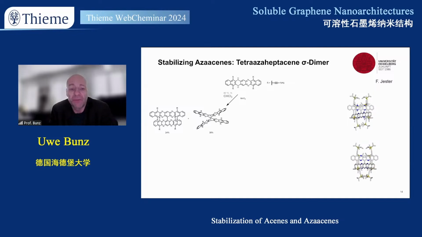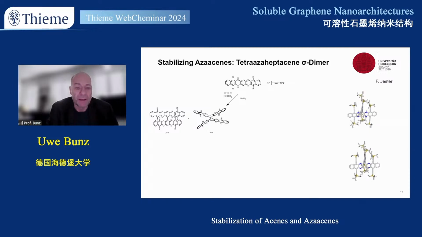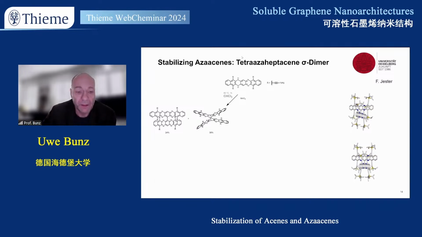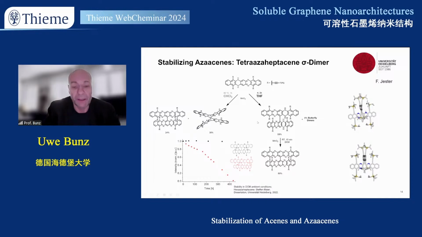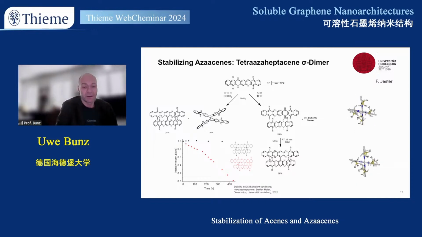And one of the things we discovered is that we actually could form sigma dimers by taking just this corresponding dihydro compound, treated with manganese dioxide either in chloroform, and then you basically get 4% of the corresponding dimer, or you can do this in THF, and then you don't find any butterfly dimers anymore, but basically only the corresponding cross-shaped desired dimer.